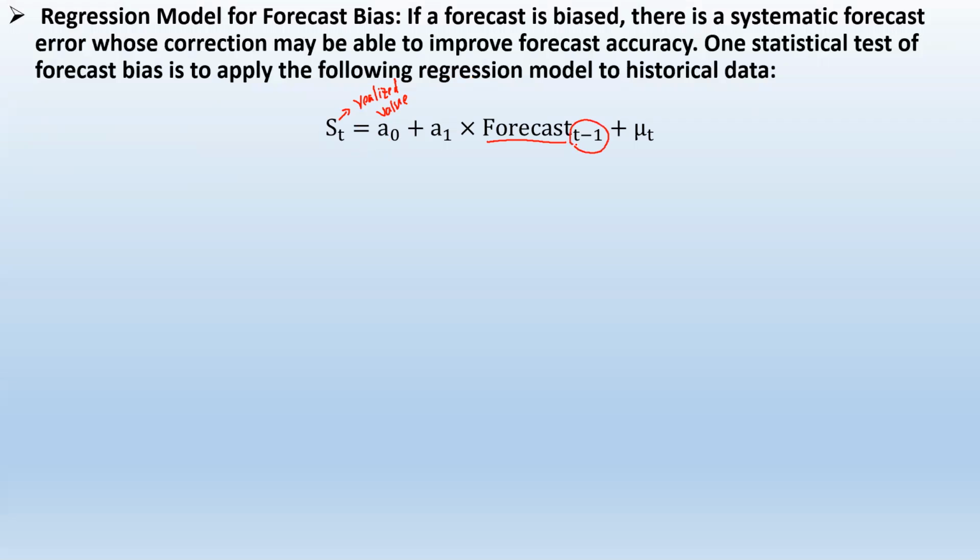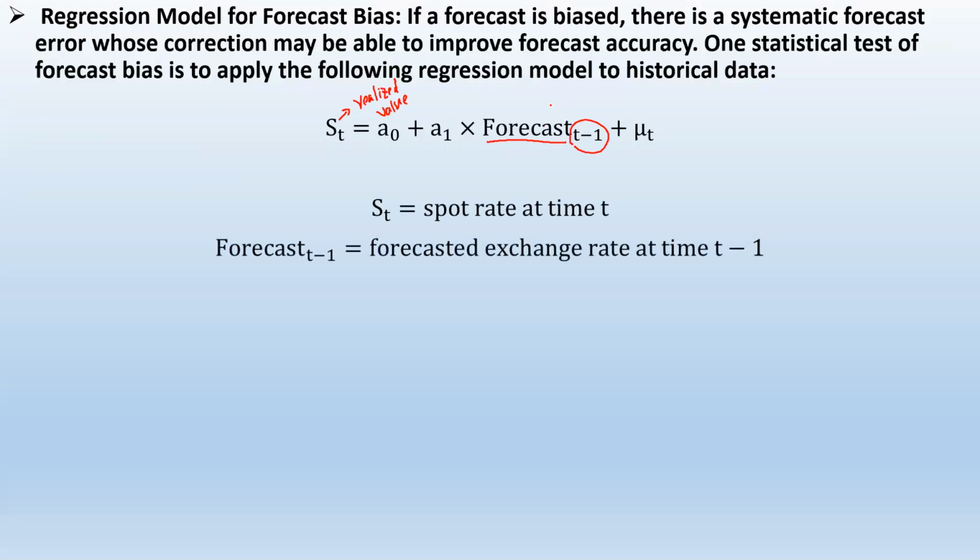T minus 1 means when the forecast was done, and the forecasted value is for period T. So basically, this forecast at T minus 1 means we use this model at time T minus 1 to predict the future movement at time T.